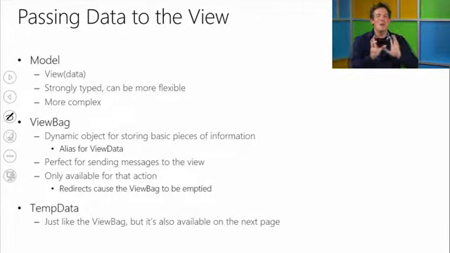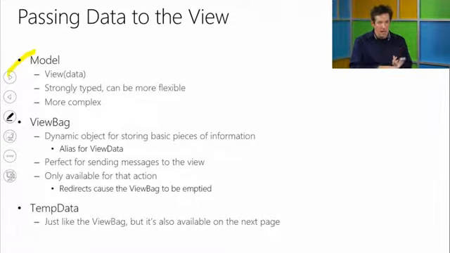Now, when we're going to go in and pass data to a view, we've got a handful of different options available to us. Number one, just like we saw on the prior slide, we've got the ability to pass in a model. This really is, as John mentioned earlier this morning, the preferred mechanism, because this gives us strong typing, so that I can throw over the wall a full object.